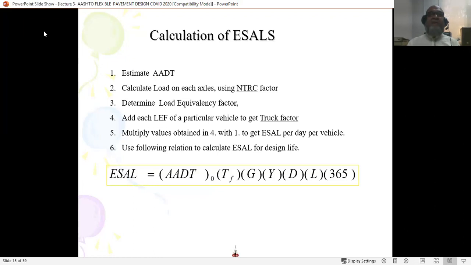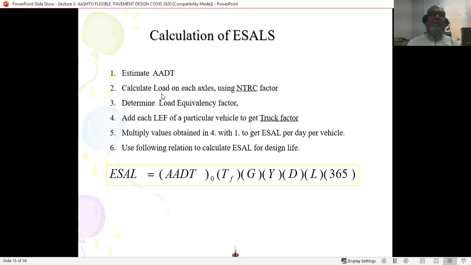Now once you have calculated LEF, you have to calculate ESALs, equivalent single axle loads, and we say ESALs because this is the plural word: equivalent single axle load of 18 kip. What you do? First, you count the average number of vehicles, category wise. This is what we call estimated ADT.